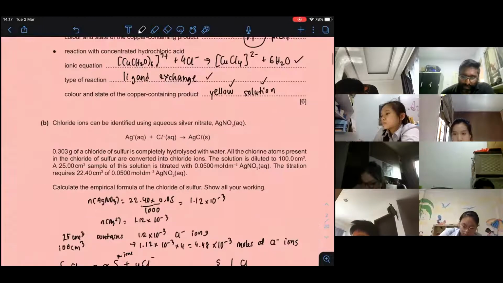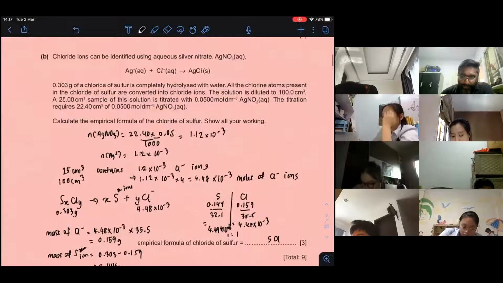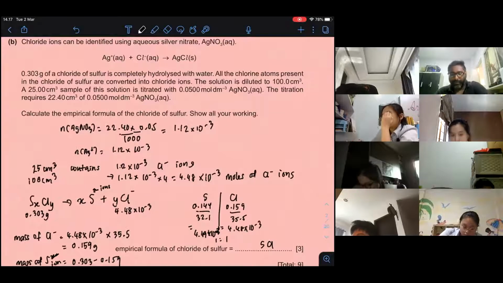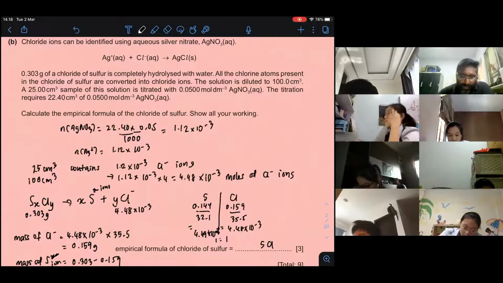Now next is this one: chloride ions can be identified using aqueous silver nitrate. They have given you a question where you need to do calculation. If you read through this question, they started with this amount of this chloride of sulfur, and then all the chlorine atoms present in the chloride of sulfur are converted into chloride ions.